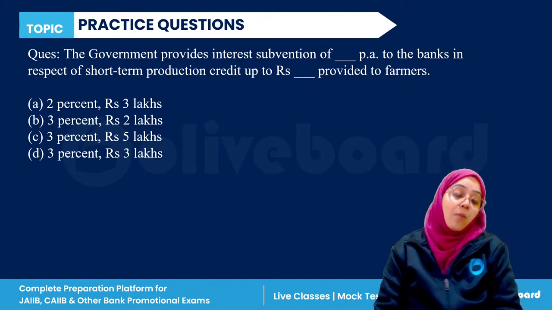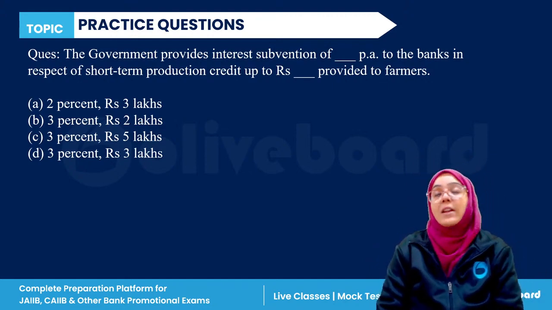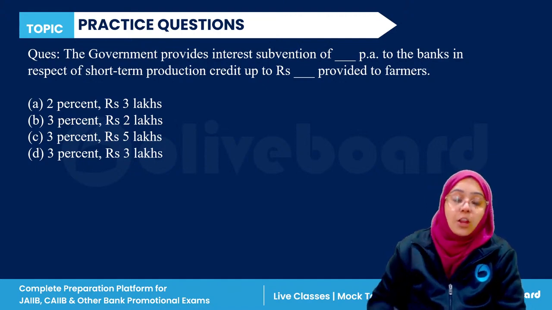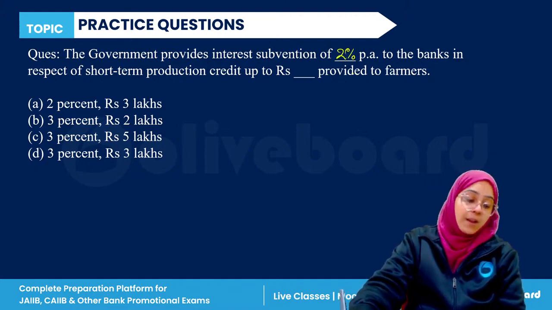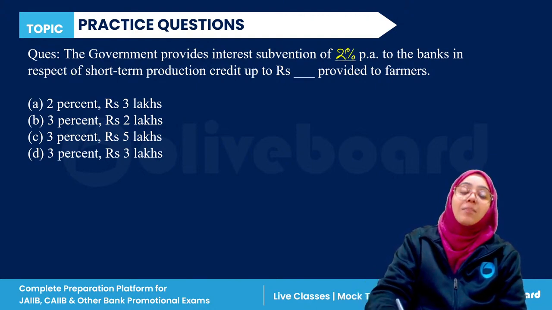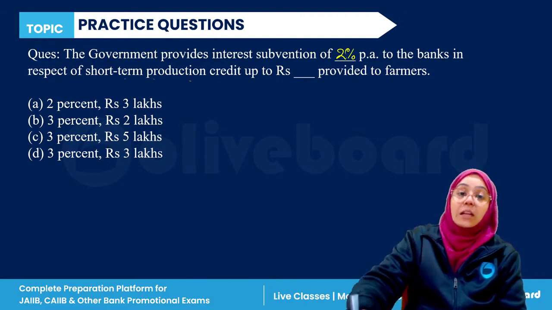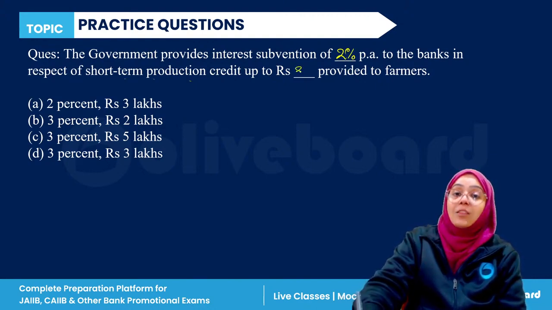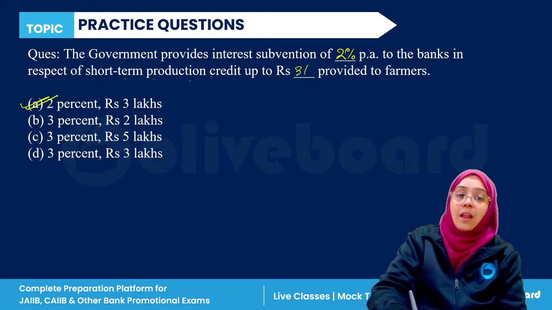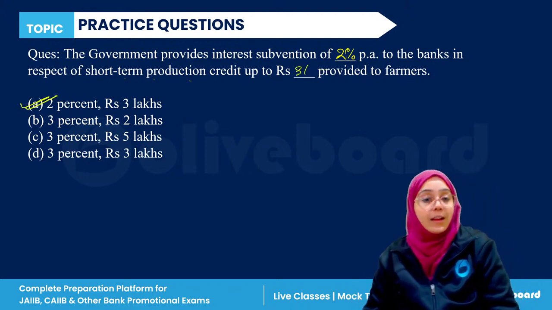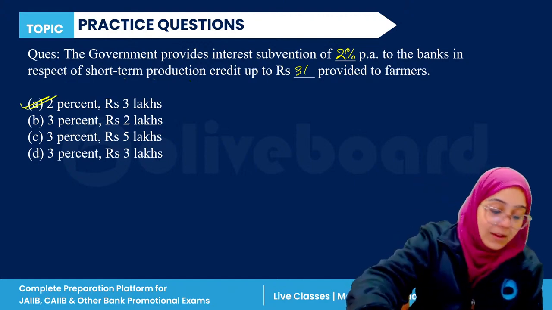The government provides interest subvention, like an interest subsidy, of 2% per annum to the bank in respect of short-term production credit up to rupees 3 lakh provided to the farmers. So, the correct answer is A. 2% and rupees 3 lakh.